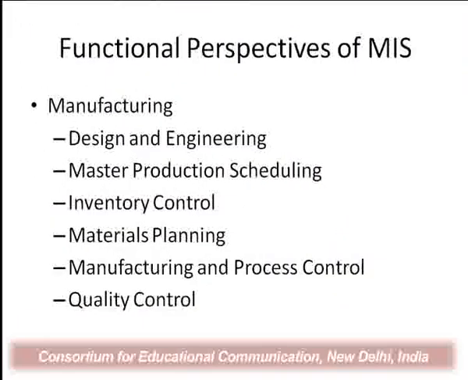Material planning will incorporate different aspects like which materials are to be utilized, which materials are in stock, which materials need to be ordered, and how the process is to be designed in a way that the right material is available at the right time and the production process is not hampered due to the unavailability of any particular kind of material.